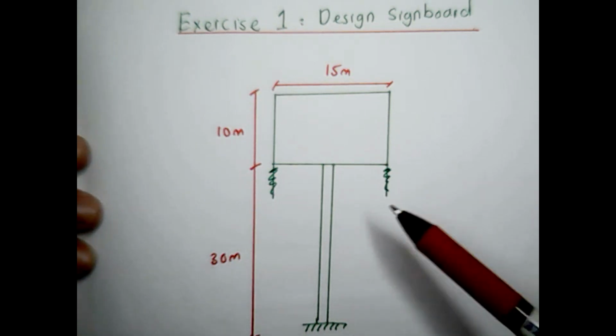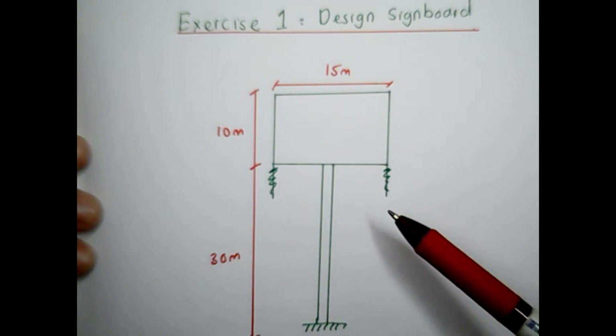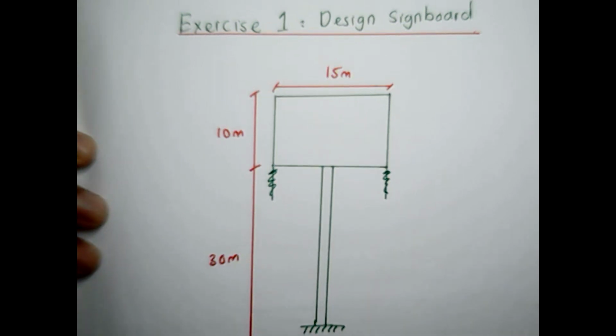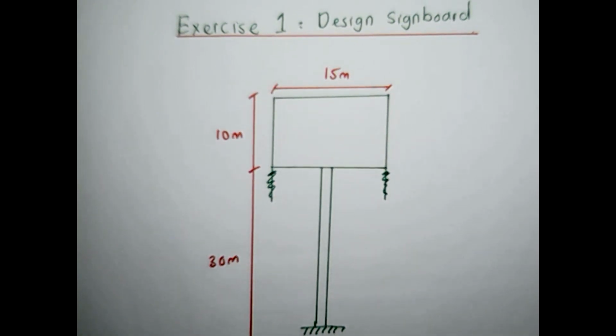However, here we have a signboard instead of enclosed buildings. So you have to look at the clauses, whereby when you have different types of structures, what will it affect in designing the buildings. So you have to check the clauses.